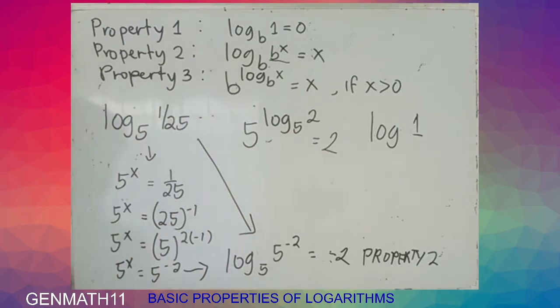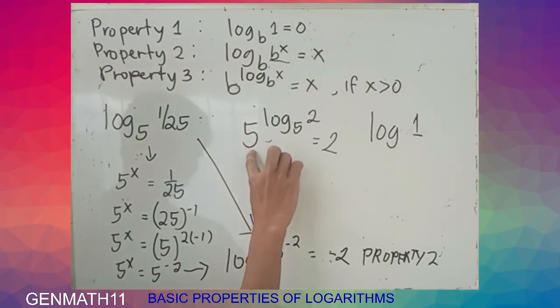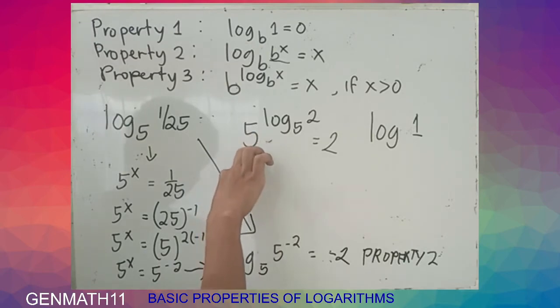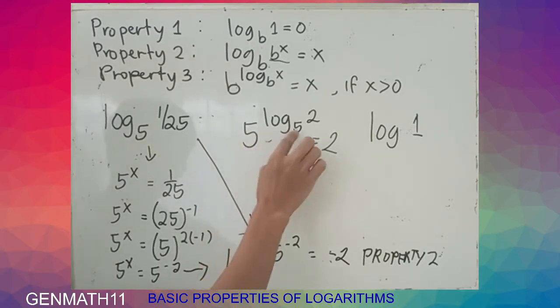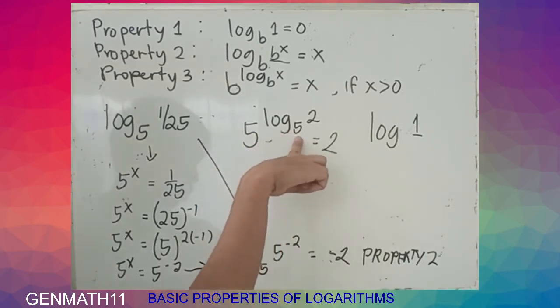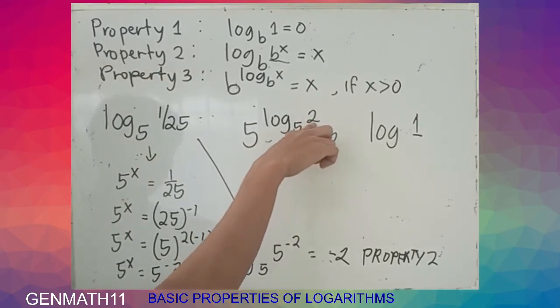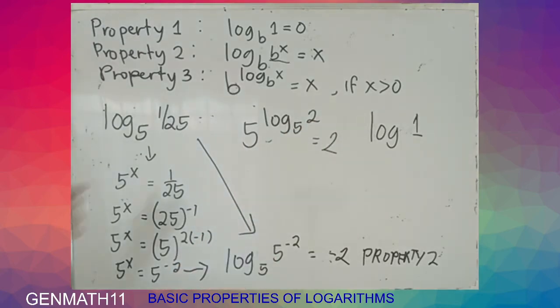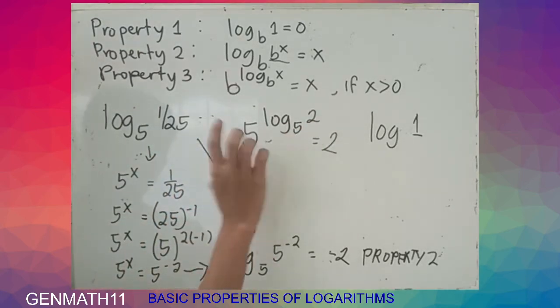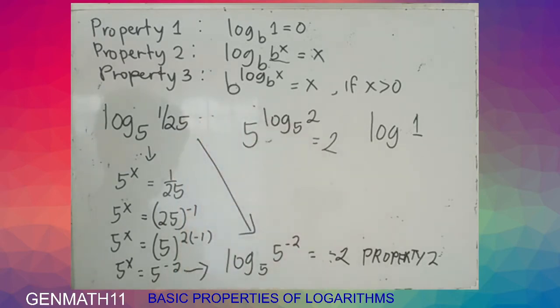Okay, 2. Kailangan parehas yung base ng exponential, then base dito sa logarithms. Dapat pareho sila ng value para makuha mo yung value ng x na 2. Kailangan parehas to ng number.